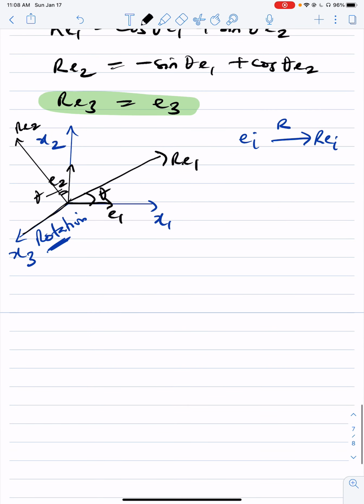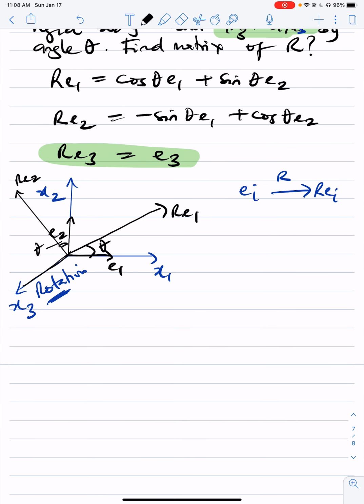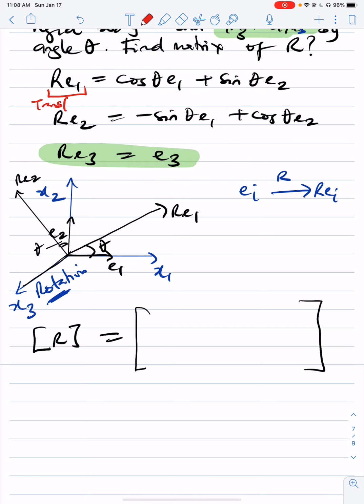So basically, just looking from these expressions, you can get R. You don't really need to solve anything. Just looking at it. Cos theta. So let's not forget, let me just write that. I love writing this for emphasis. So this is the transformed vector. It's been moved by angle theta, right?